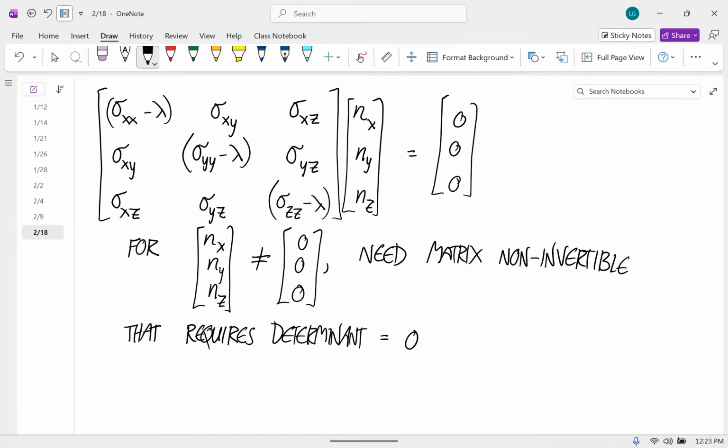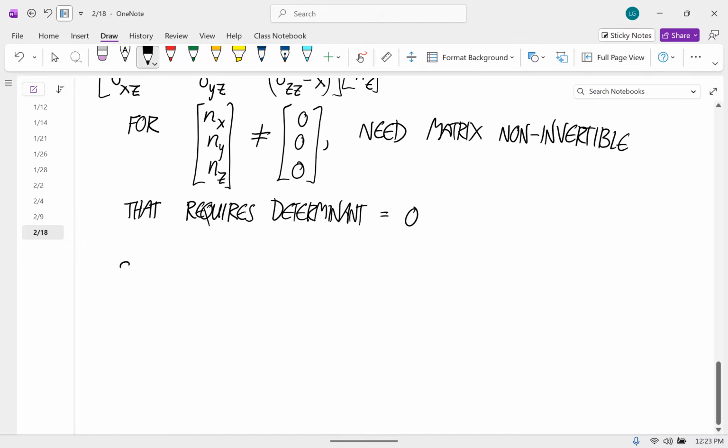So now we've simplified this problem. Let's keep track of where we are.